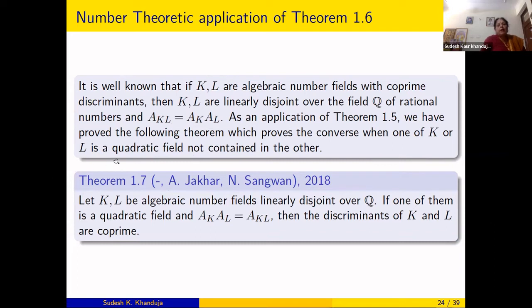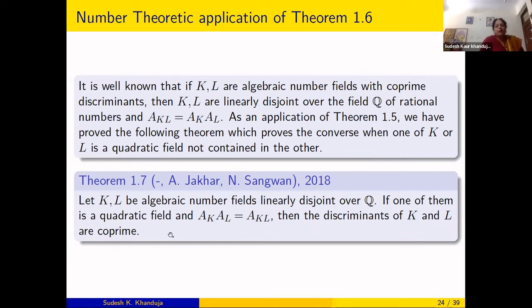So let K and L be algebraic number fields which are linearly disjoint over Q. If one of K or L is a quadratic field not containing the other; of course, if one of them is a quadratic field, we have already assumed them to be linearly disjoint.